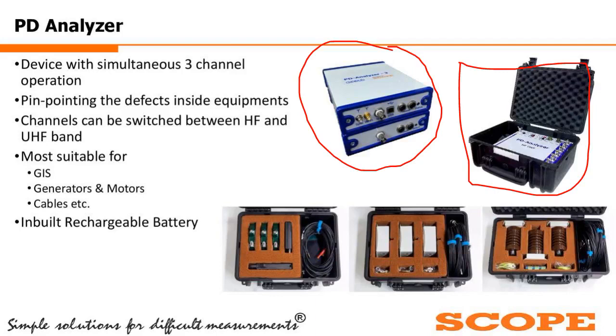As per your application, we can have different types of sensors. In the extreme right hand side, we can see the coupling capacitors, which are used for generator and motor applications. These are the sensors for the GIS application, UHF external GIS sensors. And these are the different types of RFCT arrangements, so we can use them for the cable application.